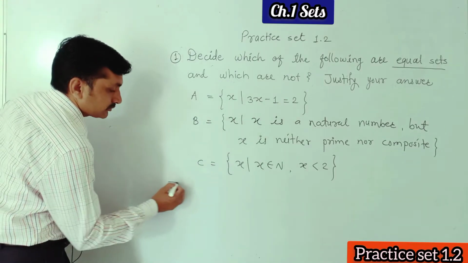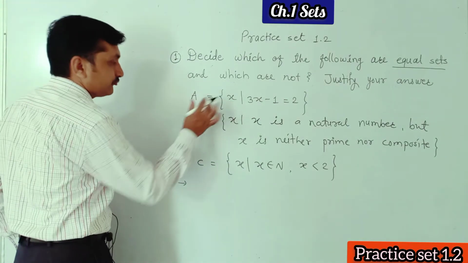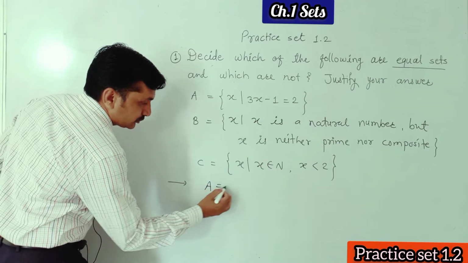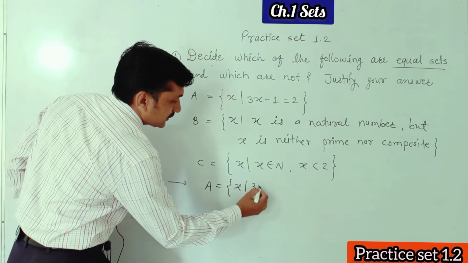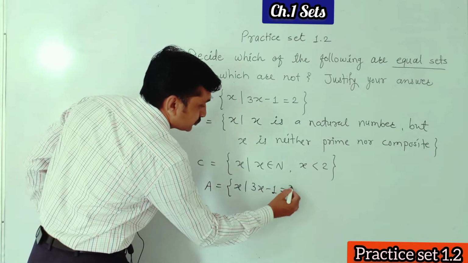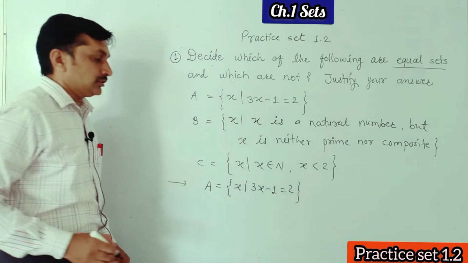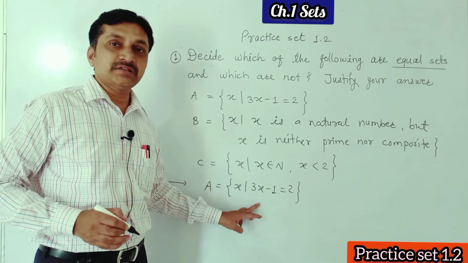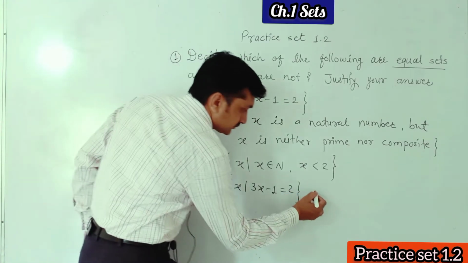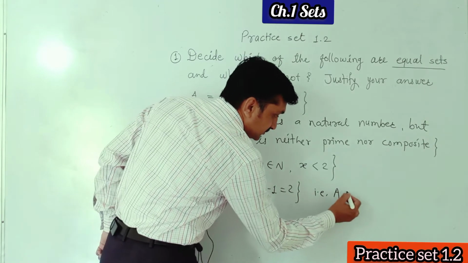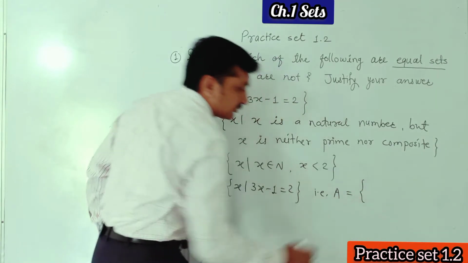Now here I write set A is equal to the set of all x such that 3x minus 1 is equal to 2. We have to write this set in listing method. Here I write A is equal to, in curly bracket.